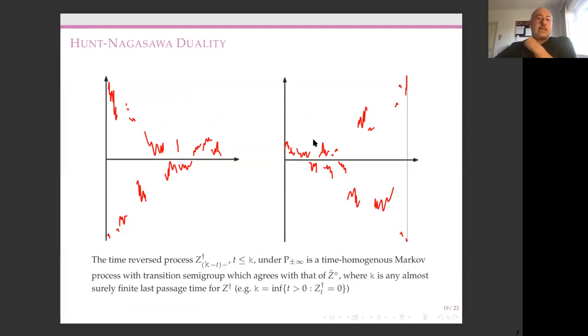So what I'm saying is, if I time reverse the process entering at plus minus infinity from a last exit time, for example, the time it first hits the origin, which I can treat as a last exit time, then when I time reverse, I see a process which explodes to plus minus infinity. And the two are time reversals, one is the time reversal of the other.